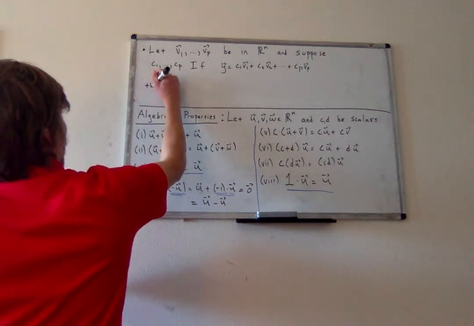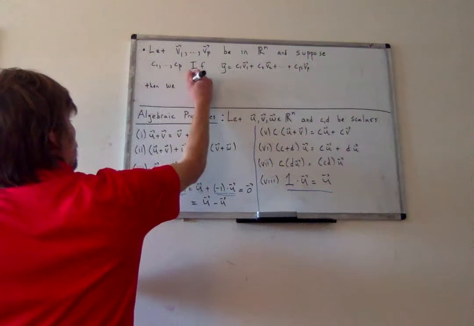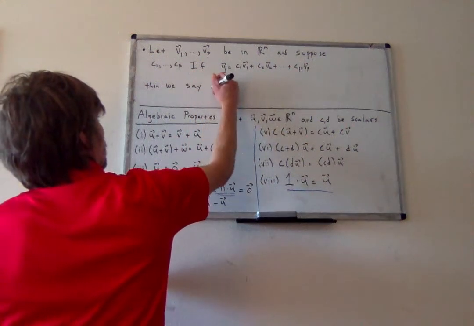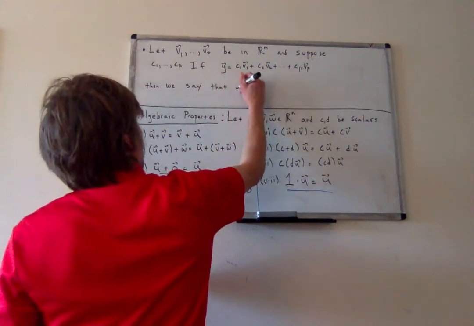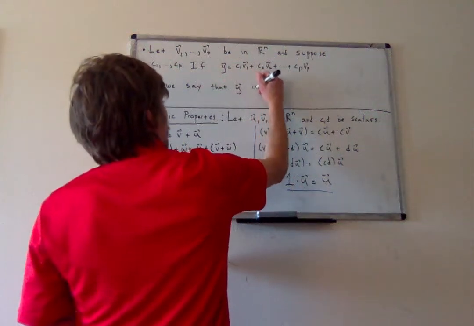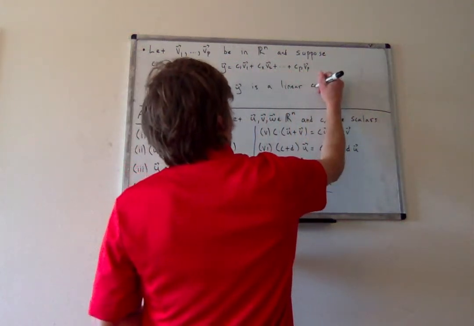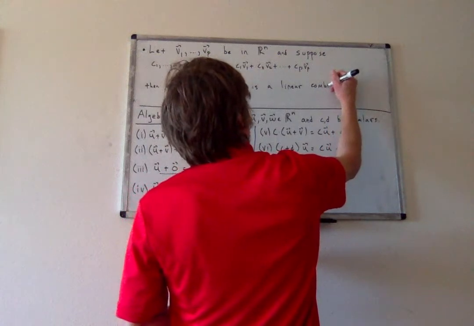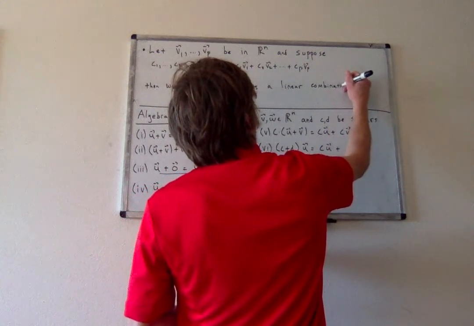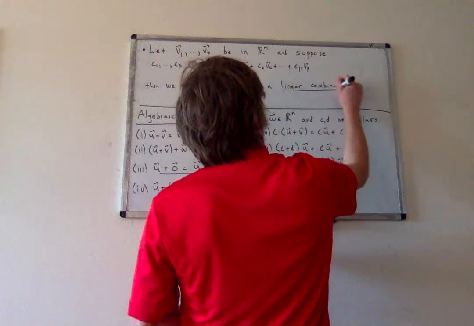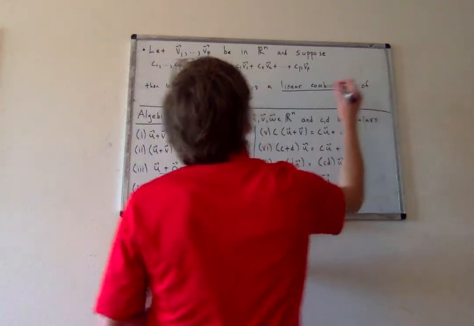Then we say that y is a linear combination of these vectors.